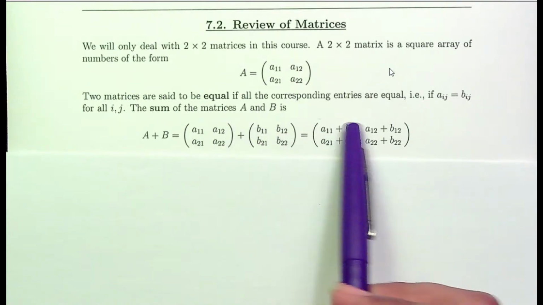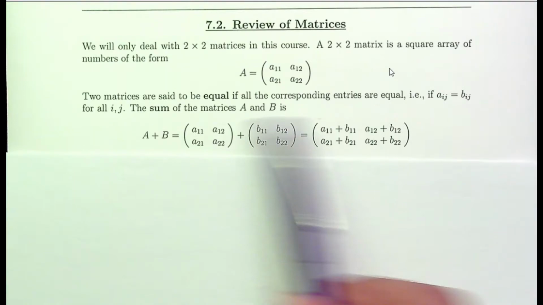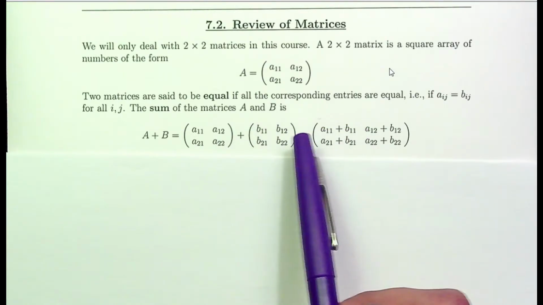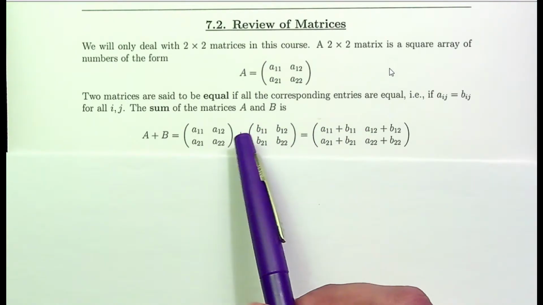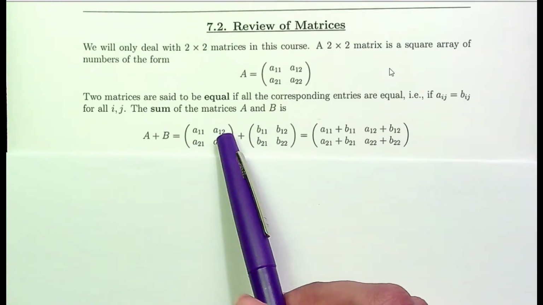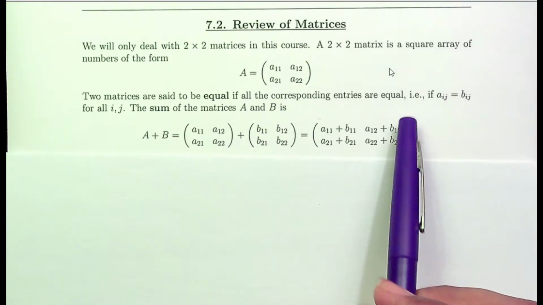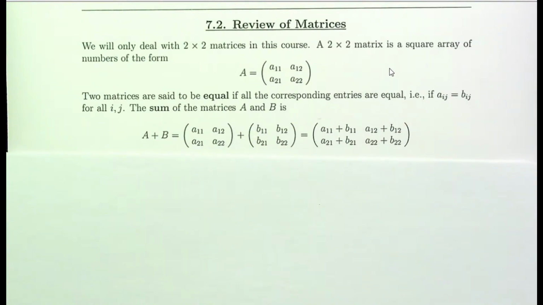So that means in this upper left corner, you would have A11 plus B11. And for the upper right corner, you would add A12 and B12, and that would go in the upper right corner, and so on. So you just basically add the entries in the corresponding spot.